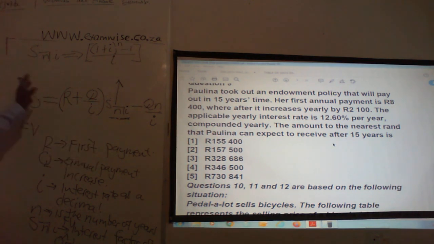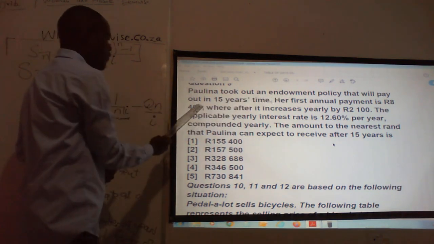Once we interpret them, then we already have our formula, which will also be given in the exam. Then we can now substitute the given variables. So we are now substituting in this formula. Our future value is equal to, then here we open our bracket. We said R is our first payment. So our first payment here is 8,400.